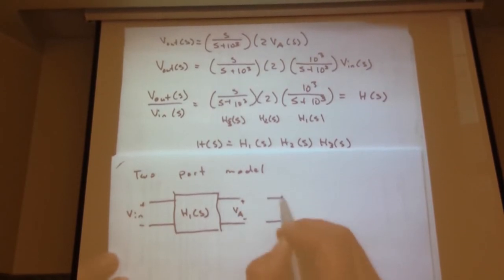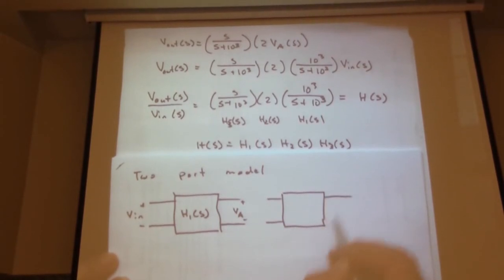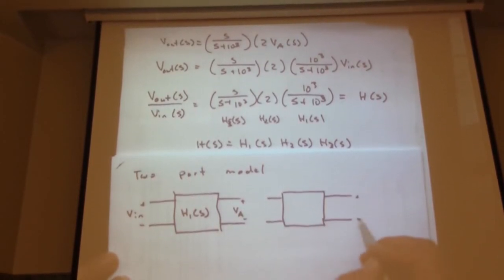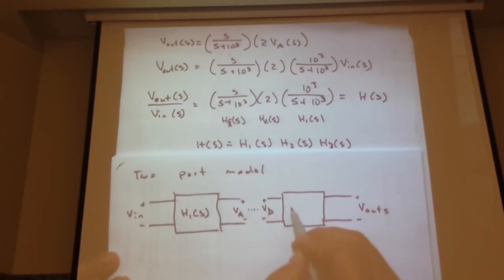And then we can have another network. Network is a circuit. Plus minus V out of S. And we can throw a little dot, dot, dot in there. Plus minus, I don't know, VB, whatever the case may be. H4 does. This is a cascaded network.